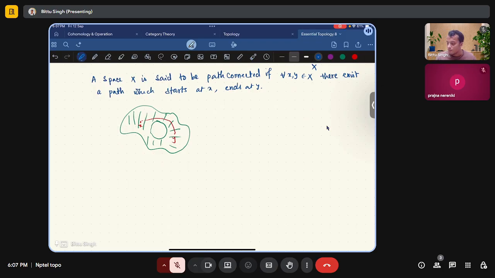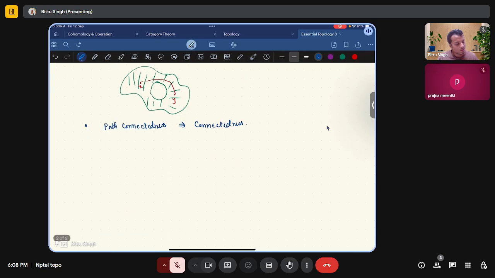Now let us see some properties. One property is that path connectedness implies connectedness. So if a space is path connected, then it must be connected. How can we see that? Suppose this is a topological space X which is path connected.